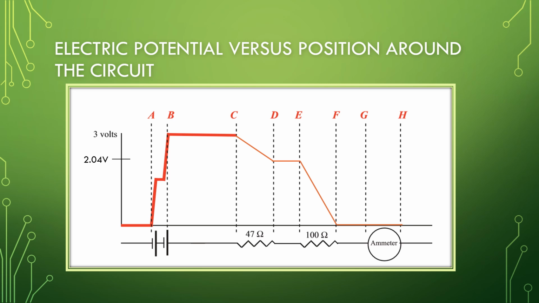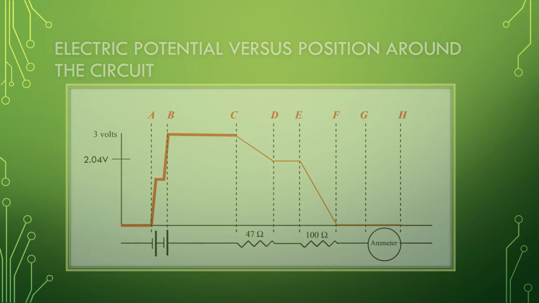The 47 ohm resistor results in a slight negative slope, so the overall potential of the circuit becomes 2.04 volts, and the 100 ohm resistor is much steeper and results in the circuit becoming 0 volts again. This larger gradient of potential across the 100 ohm resistor is due to the electric field being large across the 100 ohm resistor.